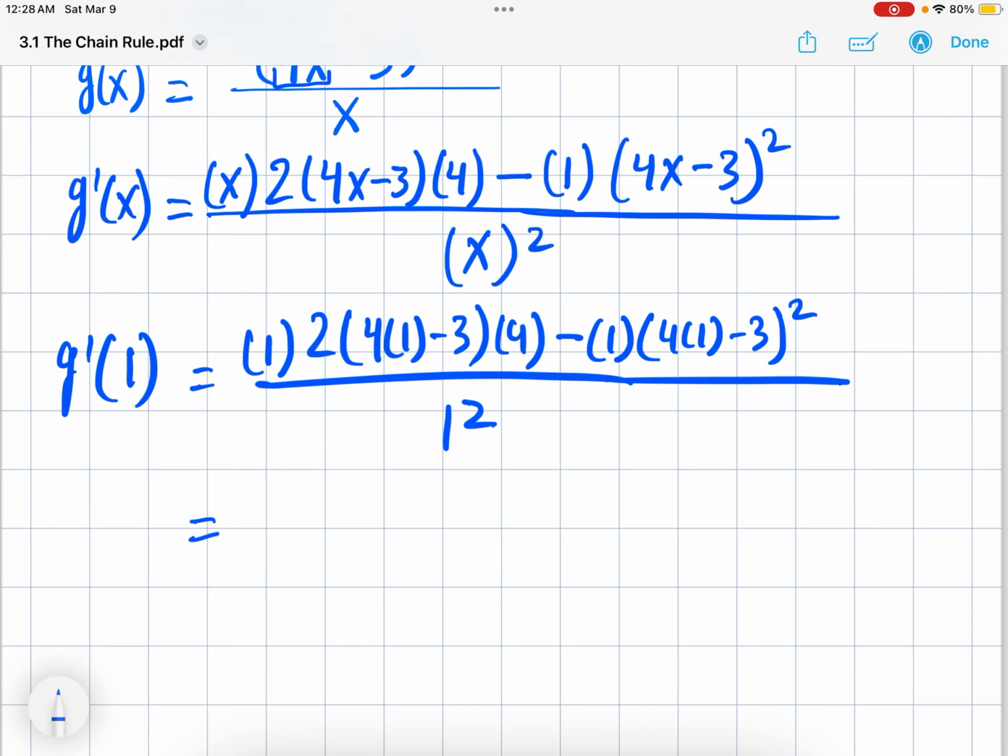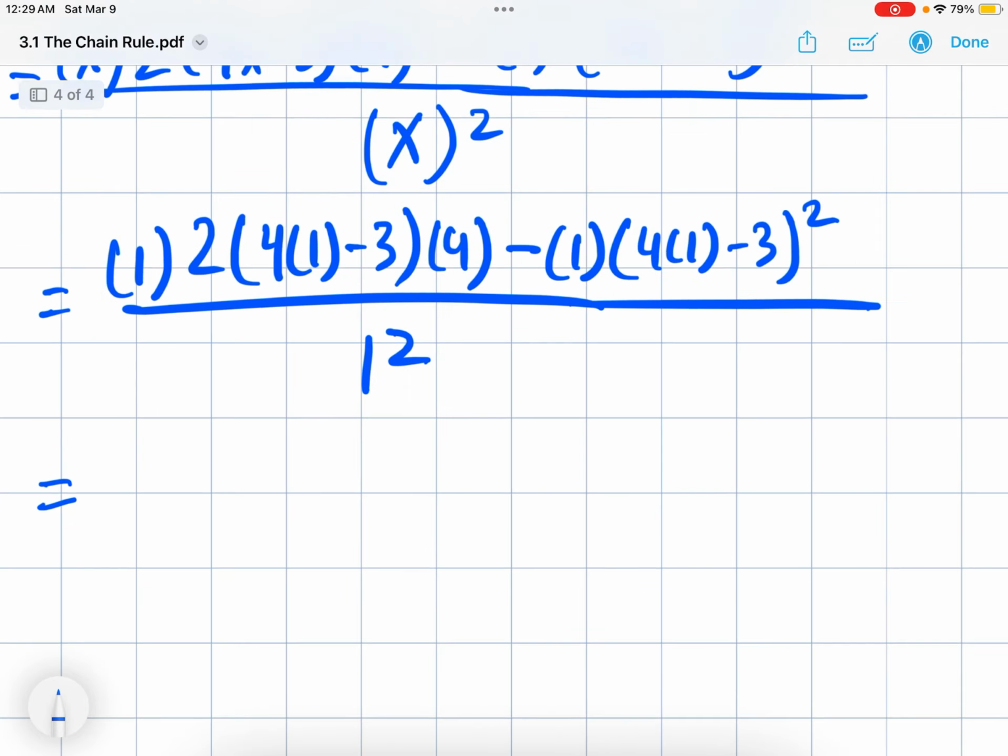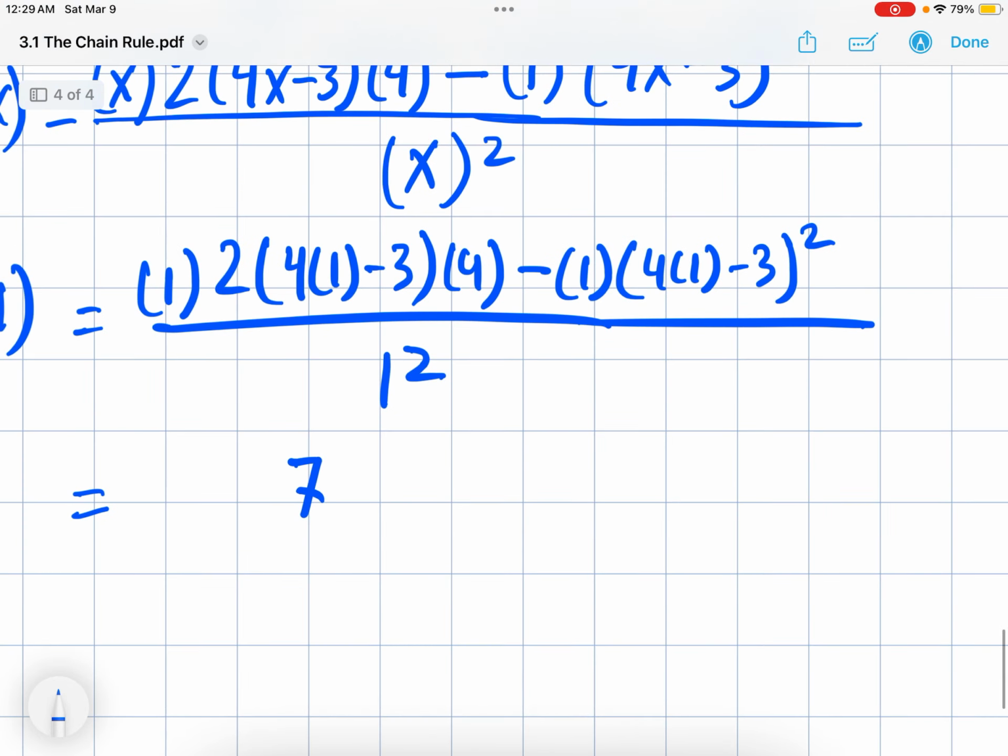Let's say I've got 2, 4 minus 3, 4 minus 4 minus 3 to the square. This should give us 7.